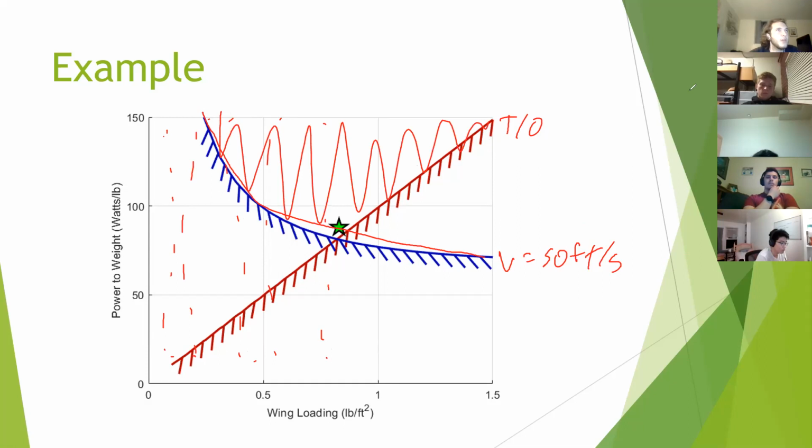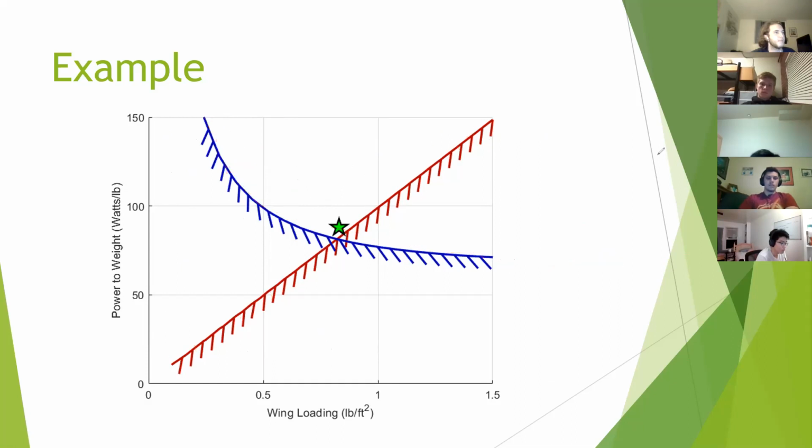Similarly, faster than 50 feet per second is anywhere above the blue, but to be faster than 50 and meet the takeoff requirement, you have to be above the blue and also above the red.